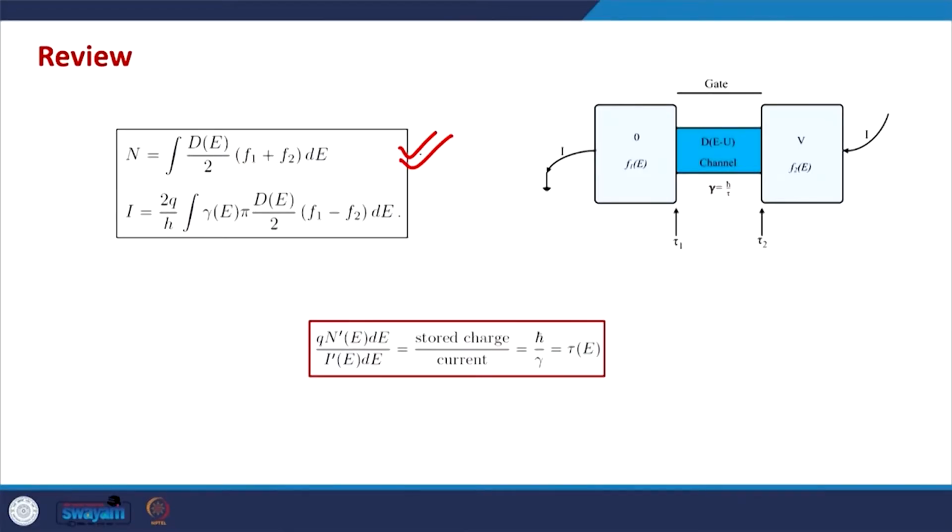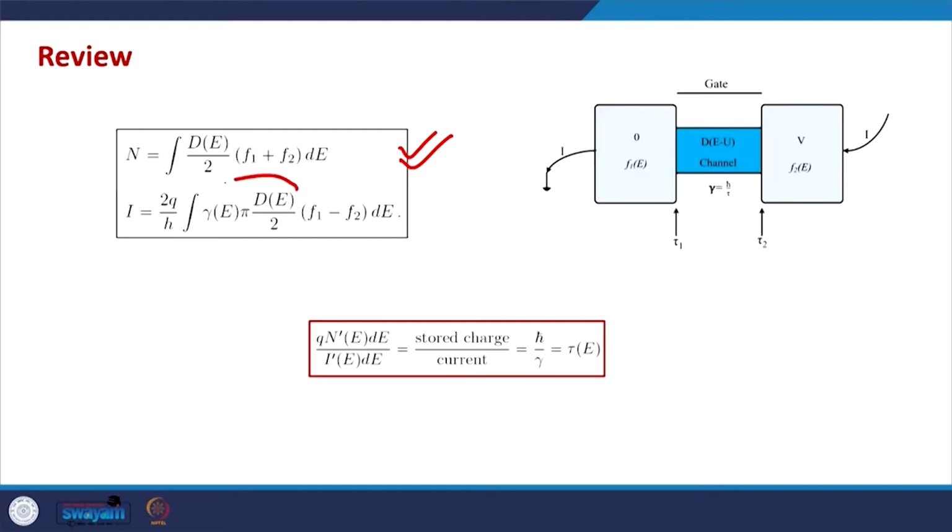Hello everyone, welcome back, and as you are aware we are discussing the modes in a mesoscopic device. In our previous class we started our discussion from two expressions: the expression for the steady state number of electrons in the channel and the steady state current.